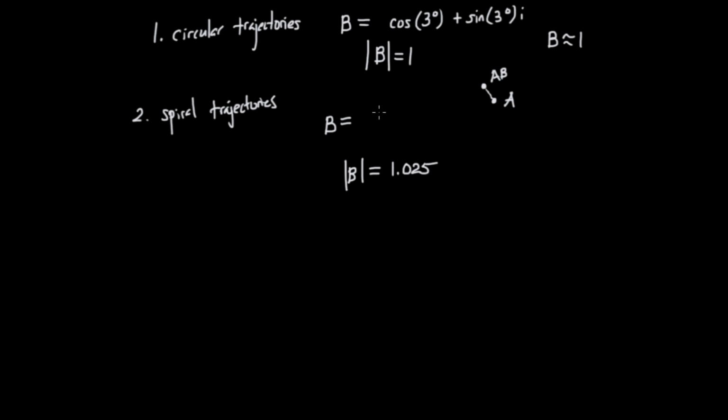And the complex number that I chose had the same angle. So the precise complex number is 1.025 times cosine of 3 degrees plus 1.025 times the sine of 3 degrees times i.